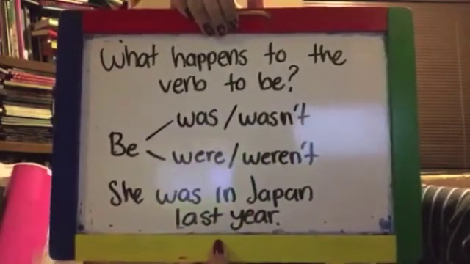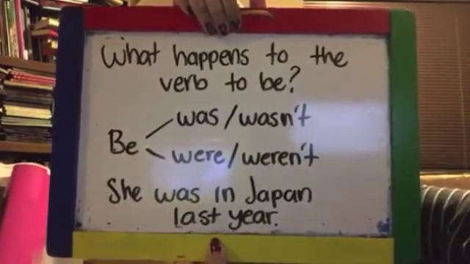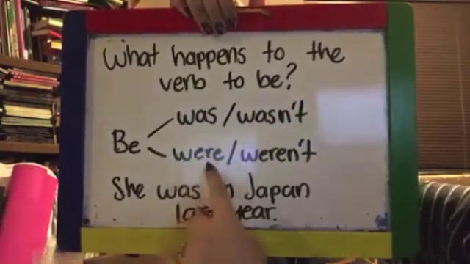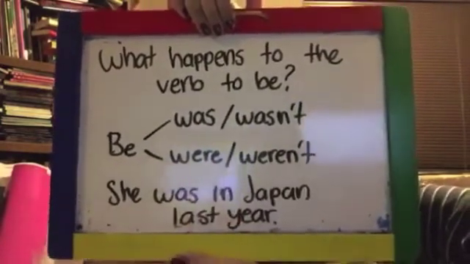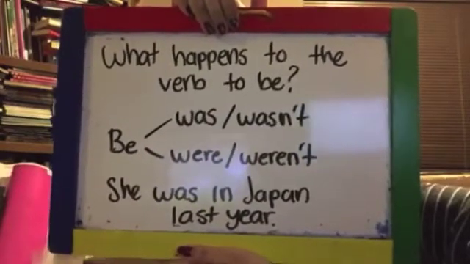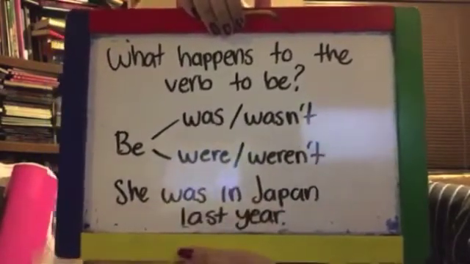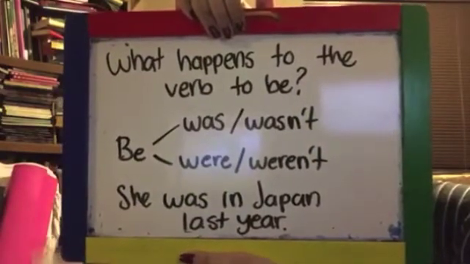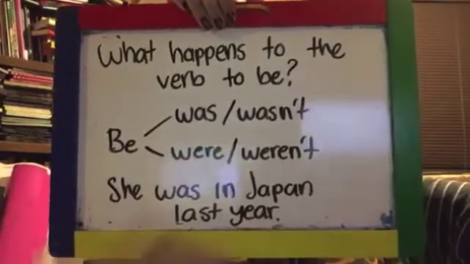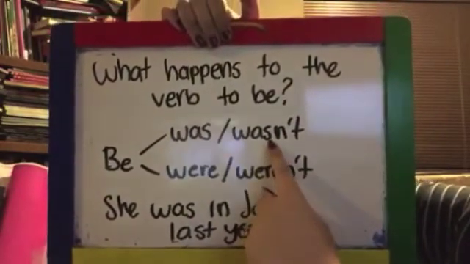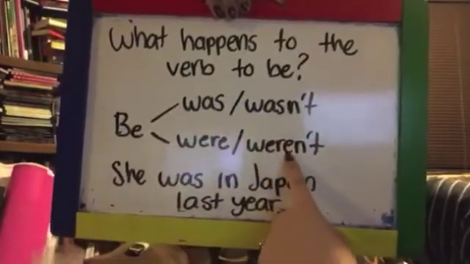And for the subjects you, we, and they, we use were. And if we want these auxiliary verbs and the verbs to be in negative form, we add not. And we have now wasn't and weren't.